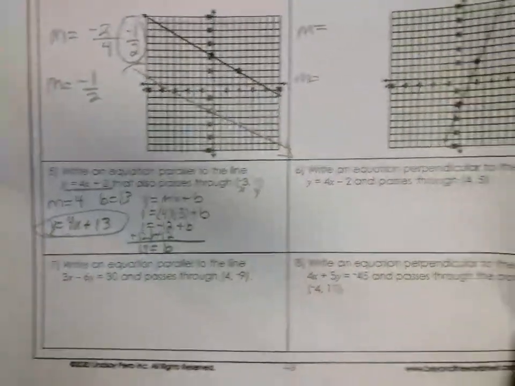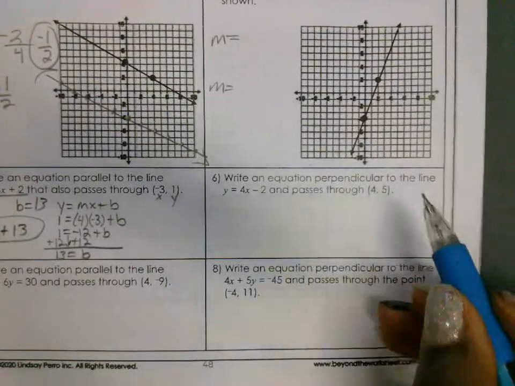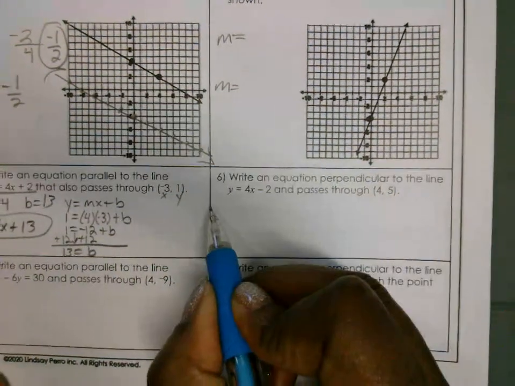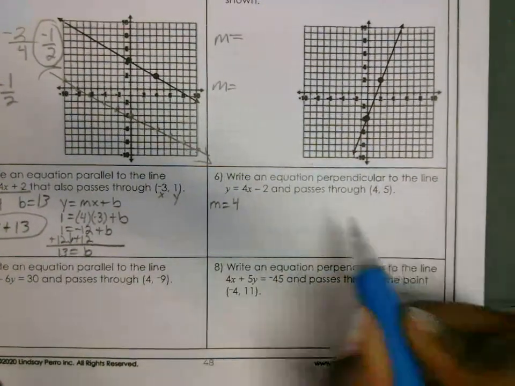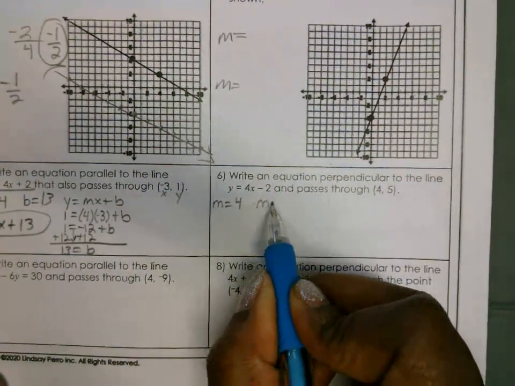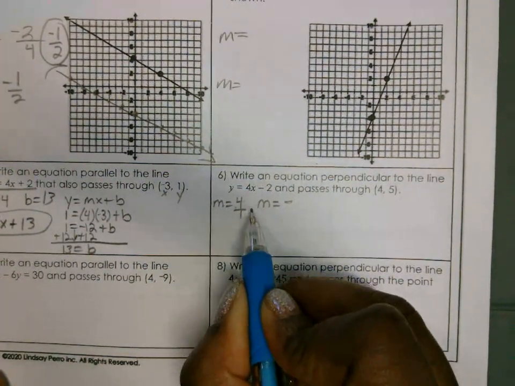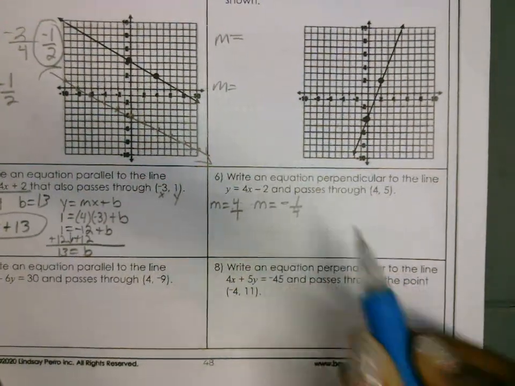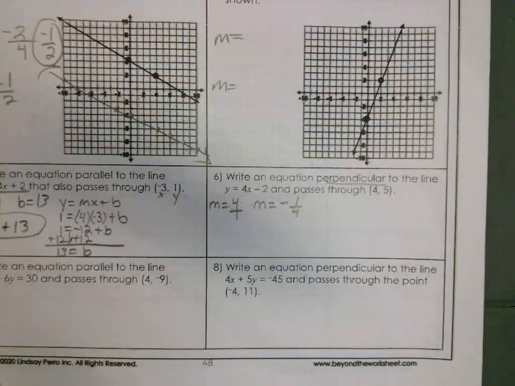Let's do the one that is perpendicular. All right. So perpendicular slopes are opposite reciprocal. So since the slope of this line is 4, the slope of the other line is going to be a negative, and the reciprocal of 4 over 1 is 1 over 4. So my slope of my perpendicular line is going to be a negative 1 over 4.